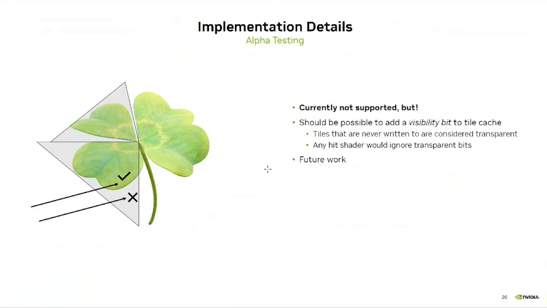So we should start with everything fully transparent. We would add one visibility bit to each entry, and then when it's seen by something, it must be opaque, so we mark it as opaque. That's the idea how this could work, but it's not implemented yet, and we consider it to be future work at the moment.